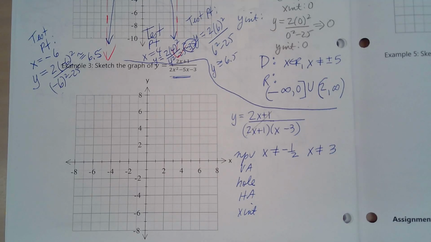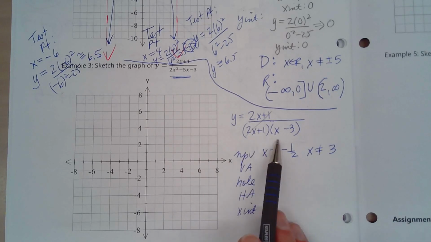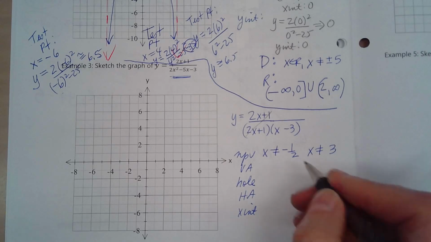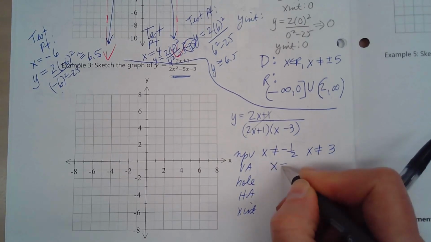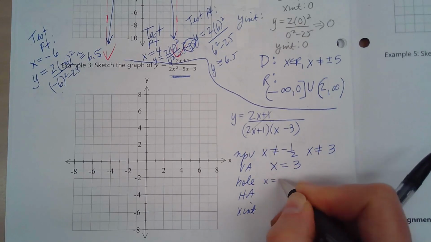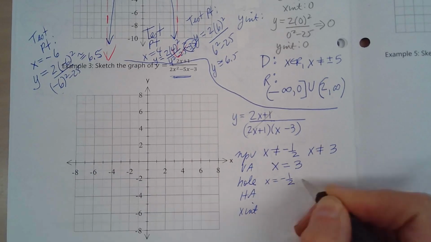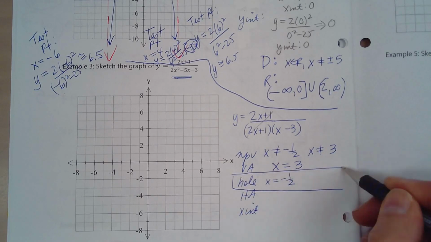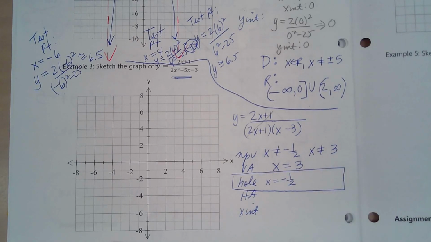X could be 0, because a 0 wouldn't zero anything out, right? Okay, so there is a vertical asymptote at x equals 3, and there's a hole at x equals -1/2. Okay, the holes are problematic because they require actually quite a bit of work.